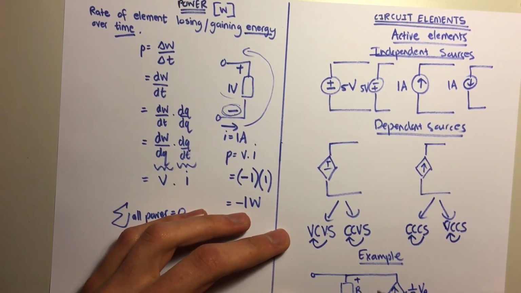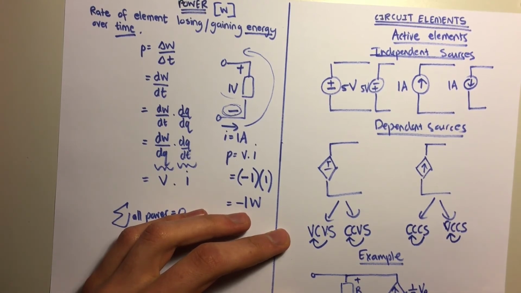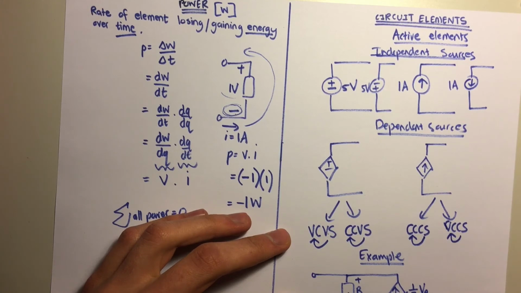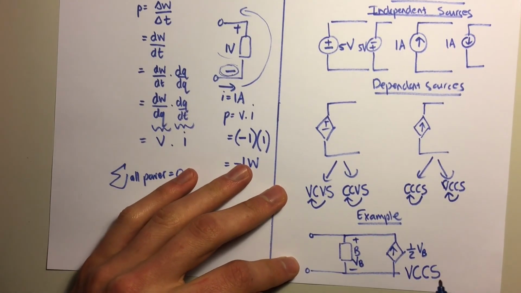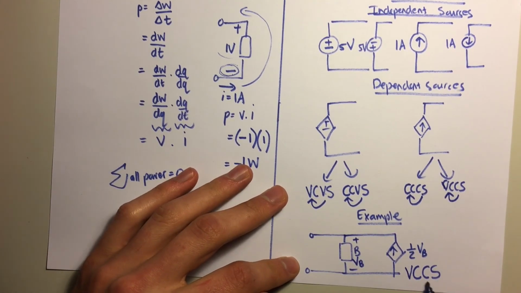The voltage over this is VB and this puts out half of VB, so this is a current source which is controlled by this voltage VB. So it's a voltage controlled current source, because it is a current source controlled by this voltage VB.